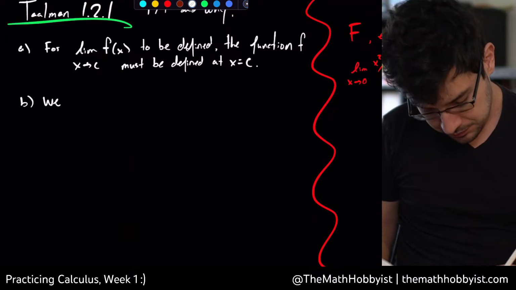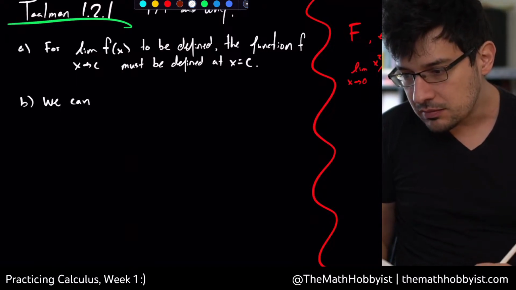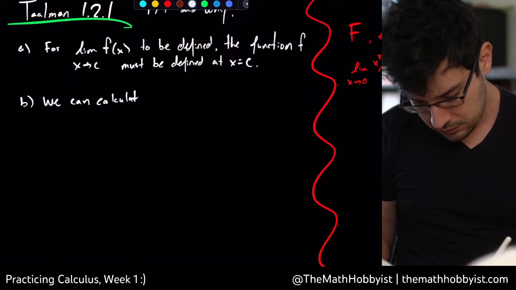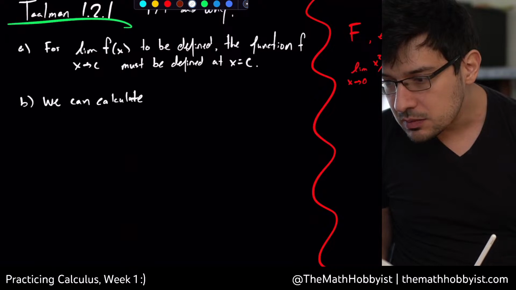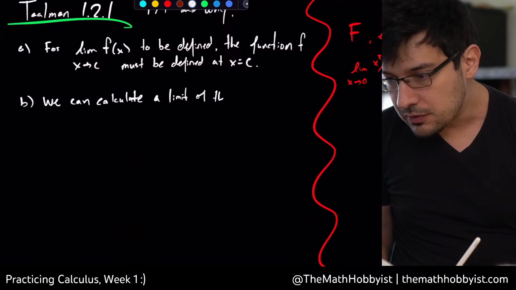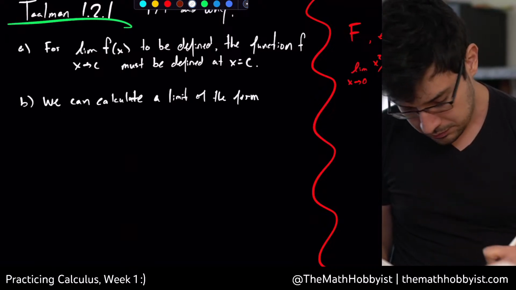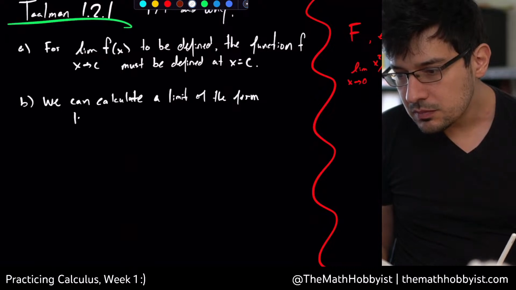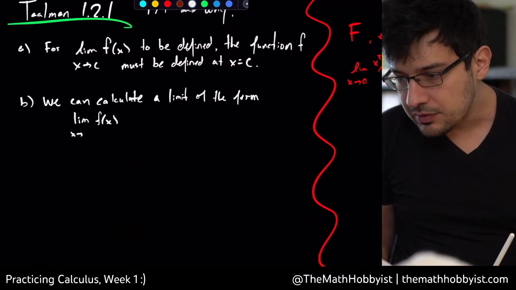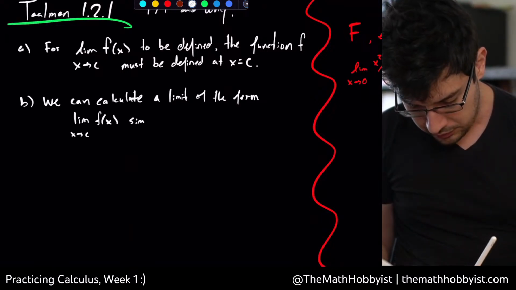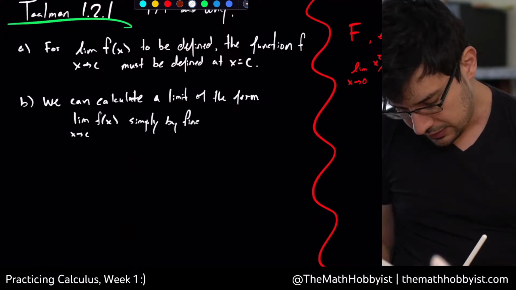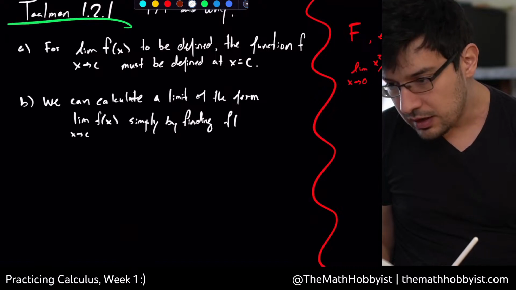All right, part B. We can calculate a limit of the form limit of f of x as x tends to c simply by finding f of c.